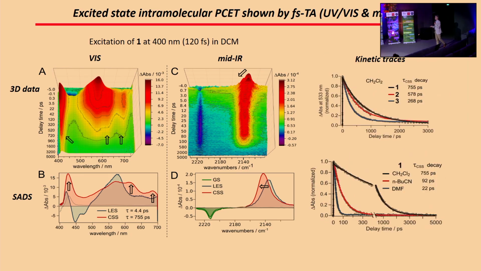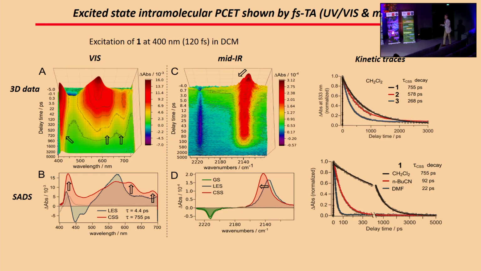The kinetic traces here show that in dichloromethane, the compounds 1, 2, 3 showed this behavior. So 1 was the slowest, 3 was the fastest, even though 1 had the highest driving force and 3 had the lowest driving force. So this really shows an inverted region behavior.